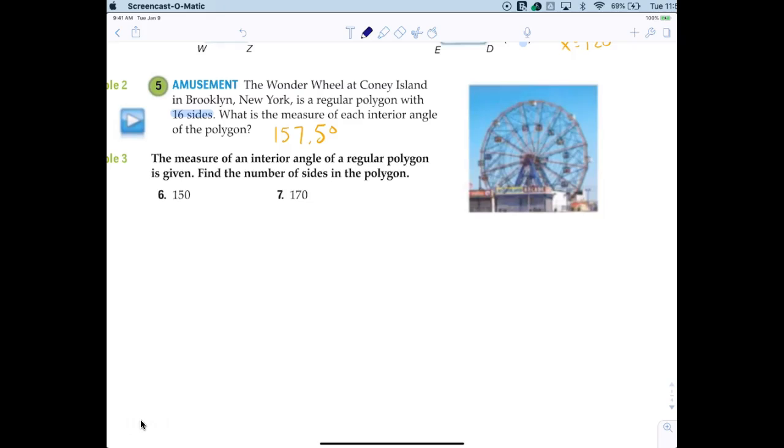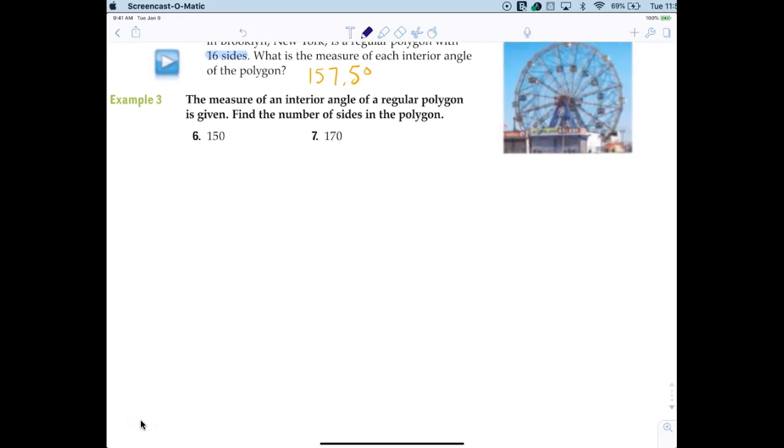Given the measure of the interior angle of a regular polygon, find the number of sides. All right, so this is just going to require a little bit of algebra, and then I'll show you a shortcut. But let's do the algebra first. If the interior angle is 150, it would be 150 is equal to n minus 2 times 180 divided by n.